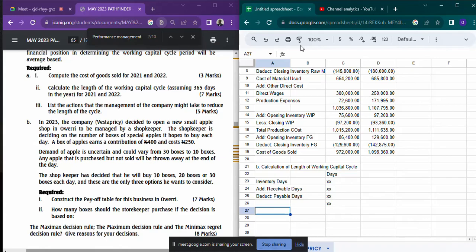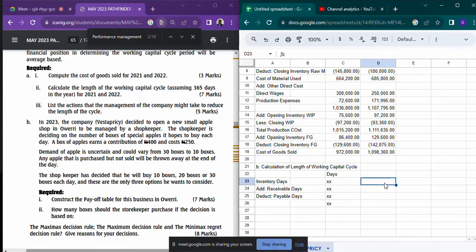So that is what we would apply to determine our working capital cycle, right? And to get it, the first thing will be for us to determine the inventory days, receivable days, and payable days, right?